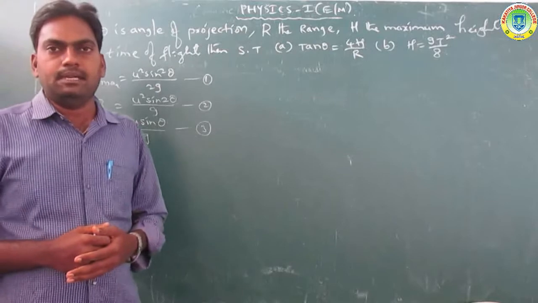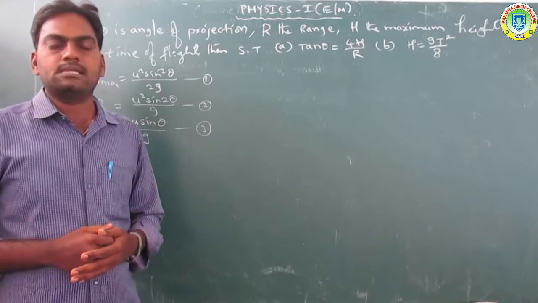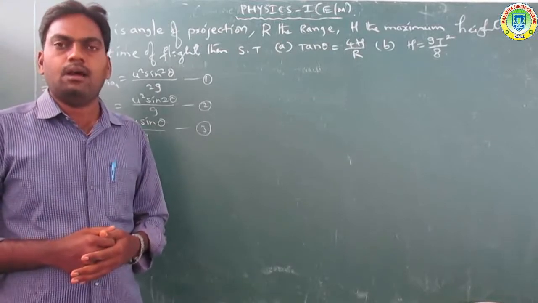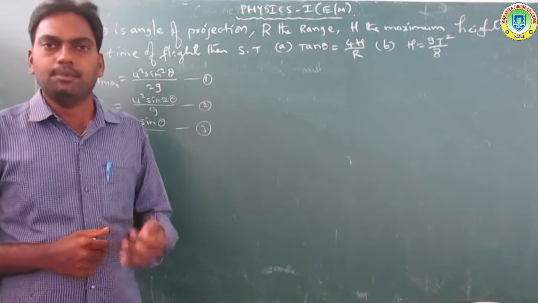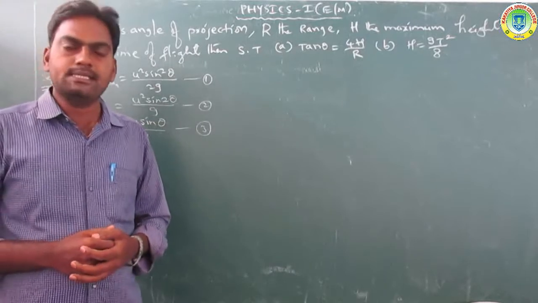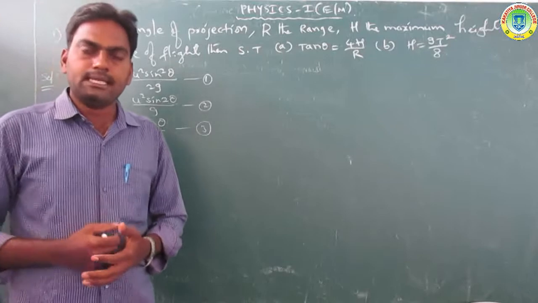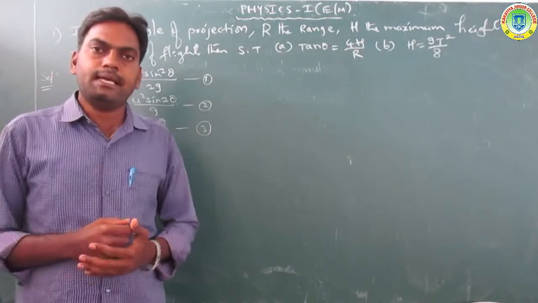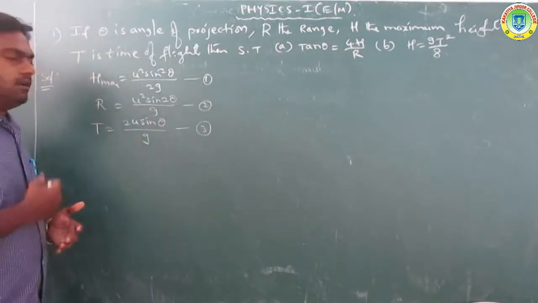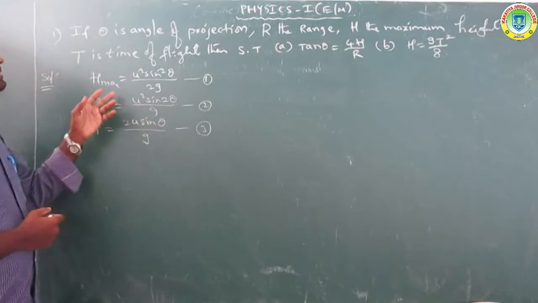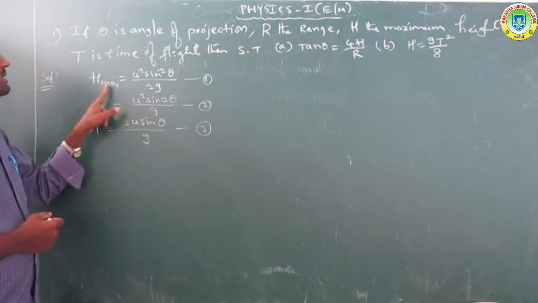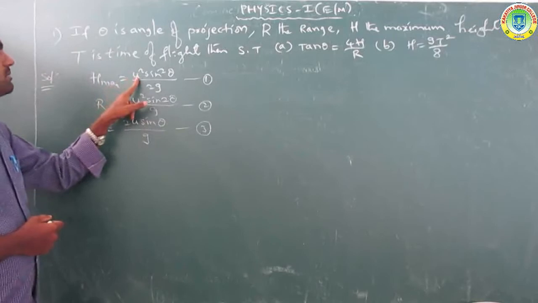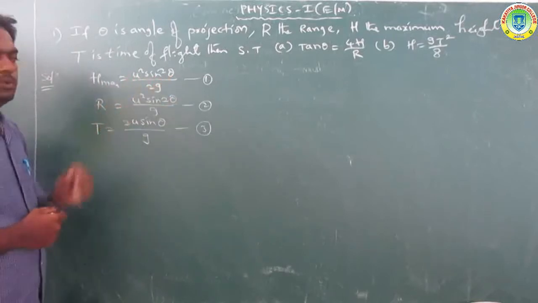The maximum vertical displacement of a projectile during its motion is called the maximum height. From the derivation in the last class, h maximum is equal to u square sin square theta by 2g.